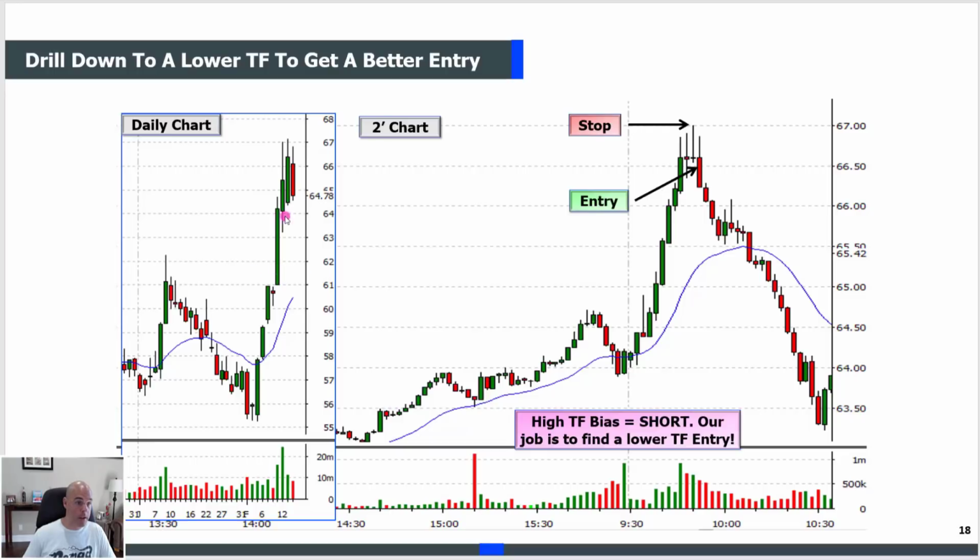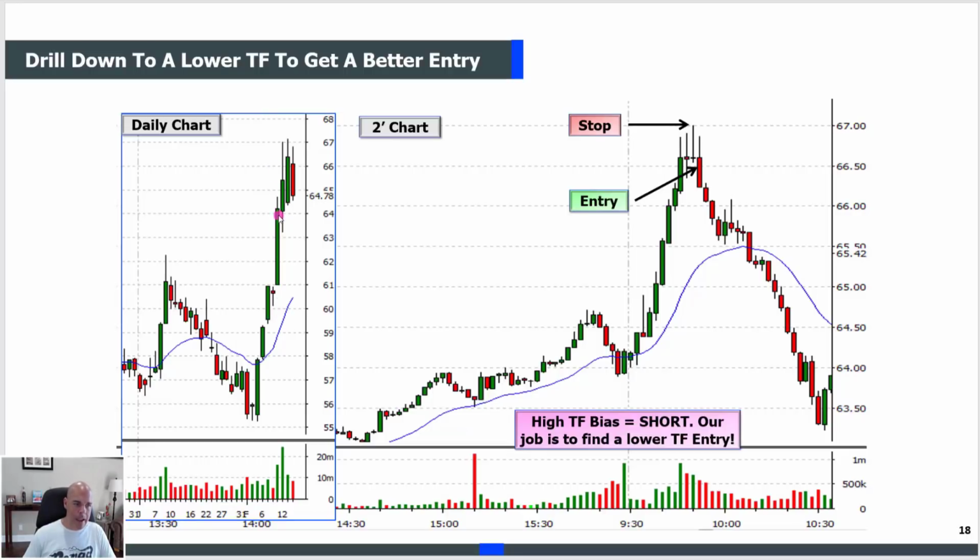50% retracement, right? I'd love to get into like 66 or 65 and trade it to 61. But if you take the daily chart, you have to get in at like 64.50, and your stop loss has to be above $67, and now you're looking at a $2.50 stop loss, which means your target's got to be at least $5, which puts your target where? 59.50. 59.50 is a bit far away, right?